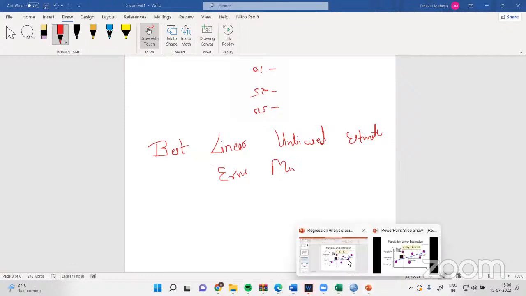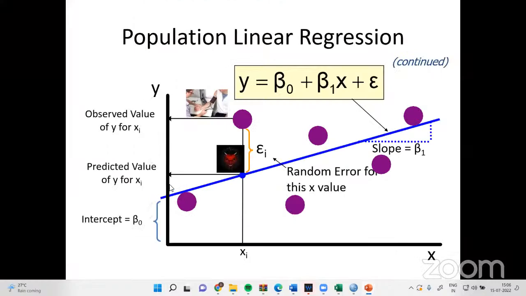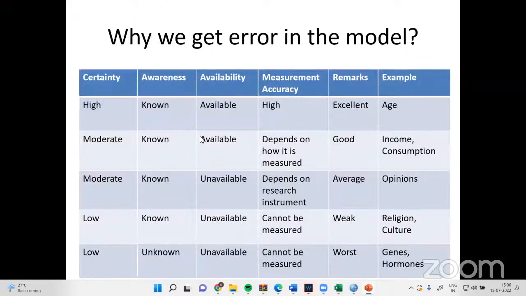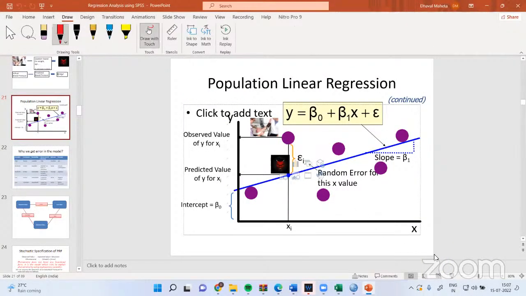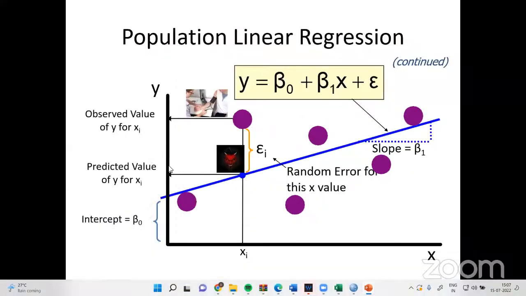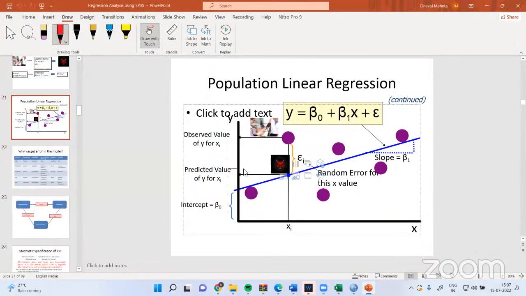Okay, now what do I mean to say? See here on the screen. It may be possible that there will be many lines which you will be passing, like this, like this, but you will select the line in which the error gets minimized.